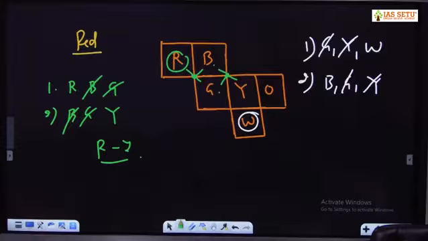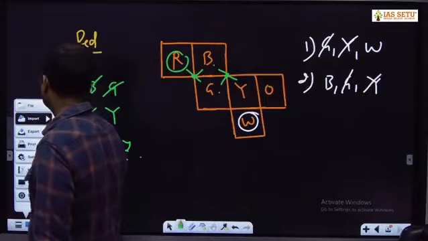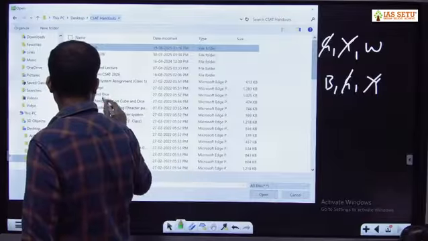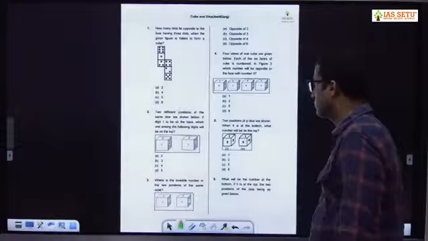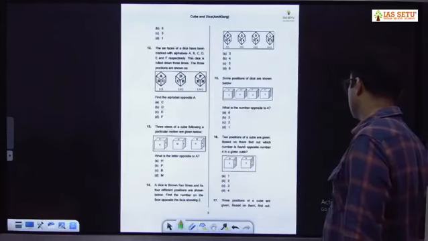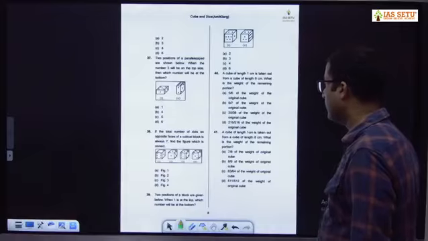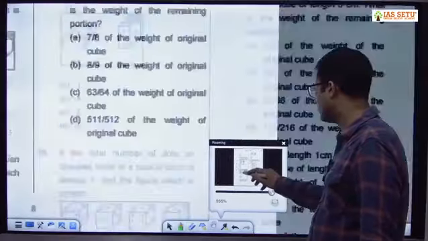Now next, question number 38. I don't know why some students get confused with this question number 38, but it is okay.